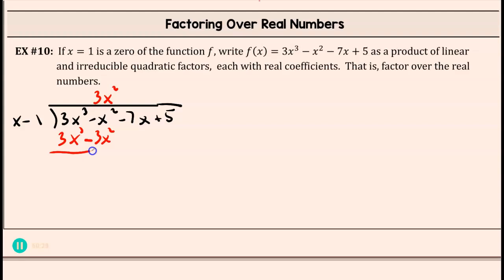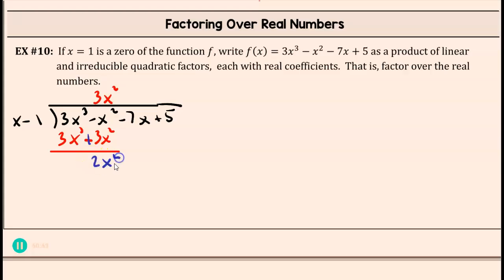And just like long division, we draw a line, and you have to subtract. Very careful here. So it's really negative x squared minus a negative 3x squared. So minus a negative is positive. So we have really 3 minus 1, which is 2.